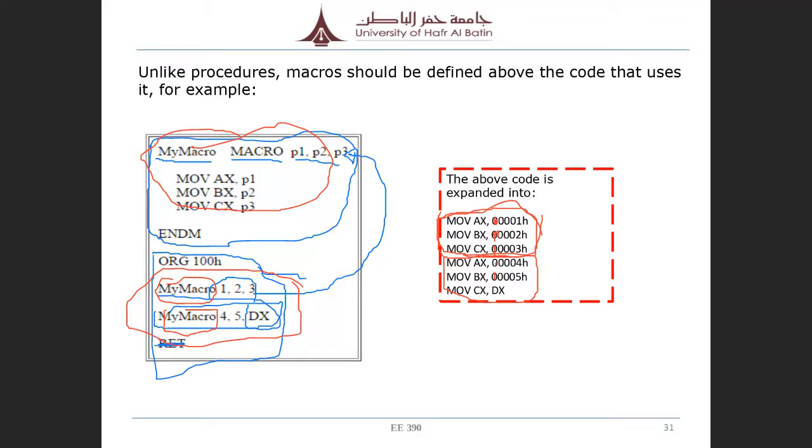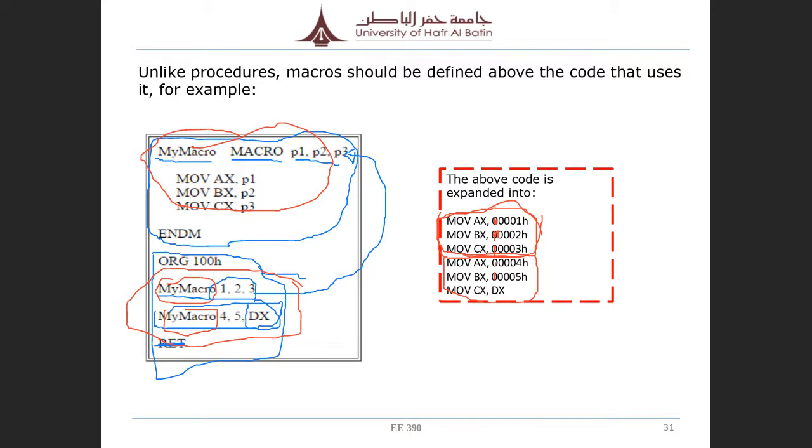Is that clear? Macro. So a macro is like a function. If you remember in a C program, you use a factorial or a square or something like that.